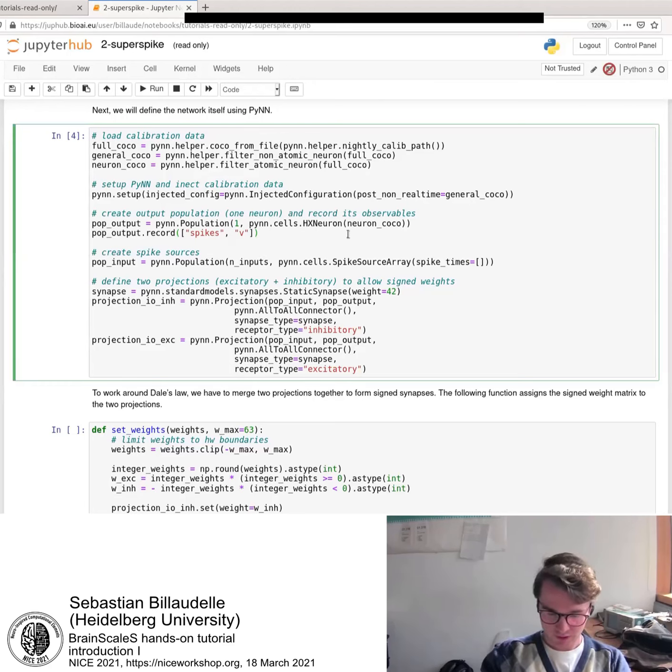Okay, so now we have set up Pynn, injected our calibration data, and now we can configure the network. Again, a good answer by Sebastian Schmidt. If you really have an experiment you want to do science on, you should always use the same software state and the same calibration data to get your results, because in some cases, you don't want to depend on the changes other people introduce.